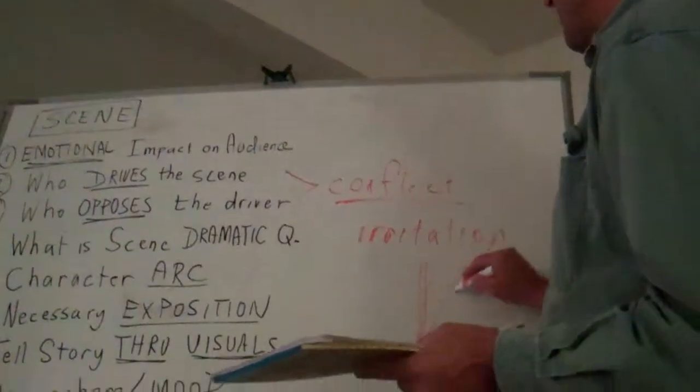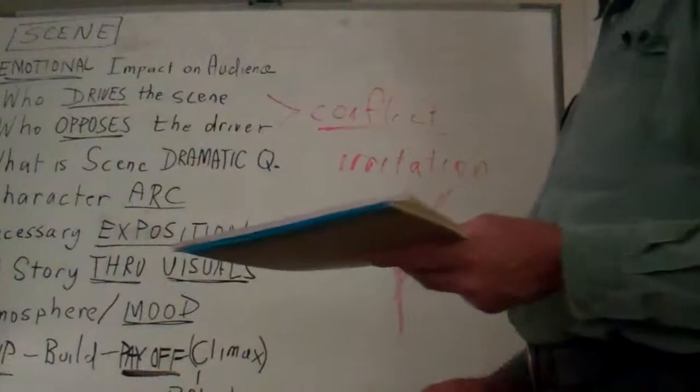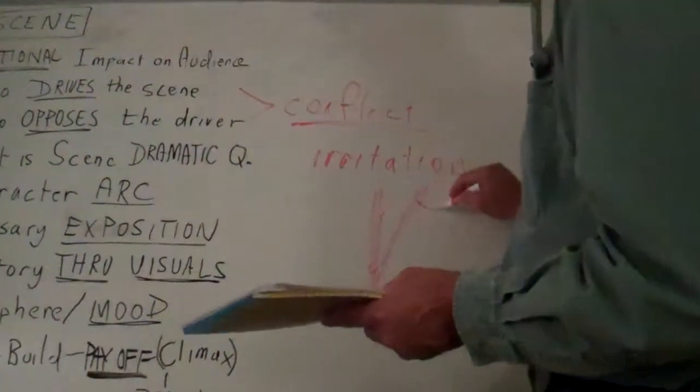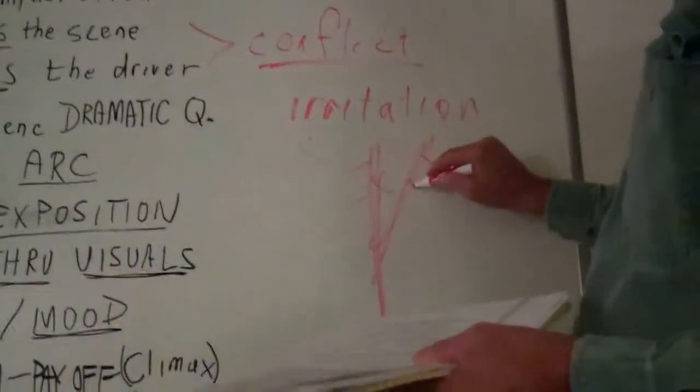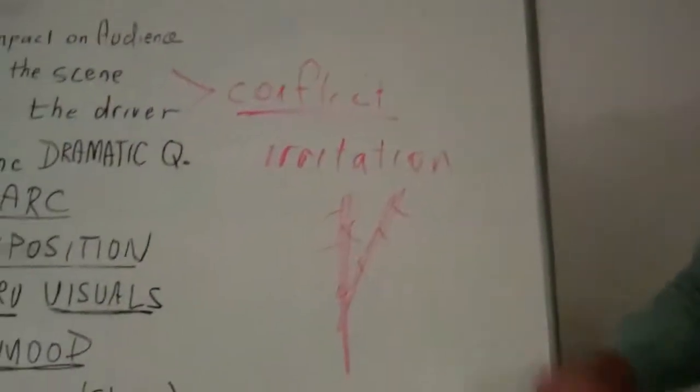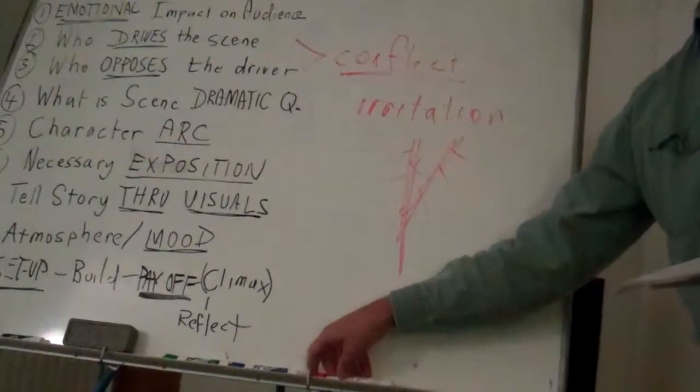Maybe you can have a branch going out this way. That's about it. Then you can have a couple little minor branches going off here. But those things that go off, people can forget those. You can lose those. And there's information that's not necessary. The scene will survive without it. If you try to pack a scene full of information and exposition, the scene will die and bog down.